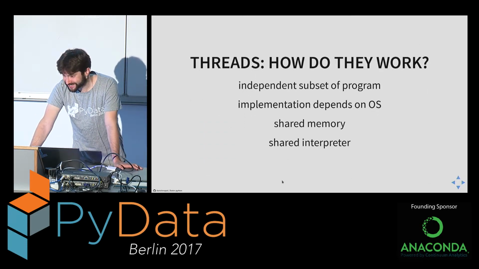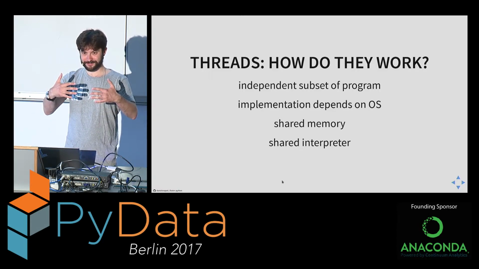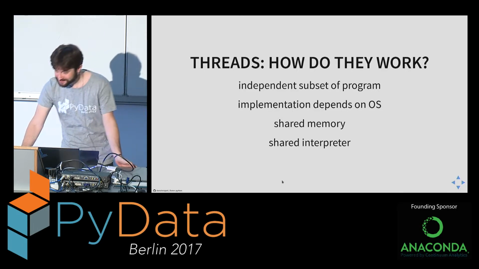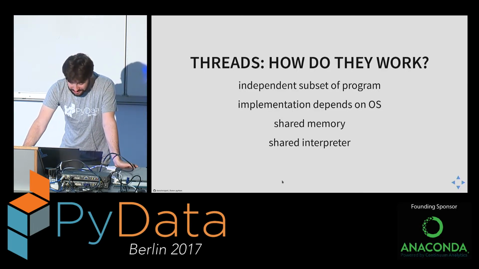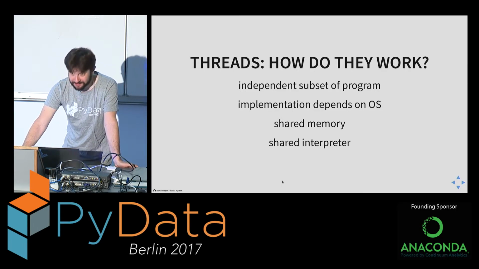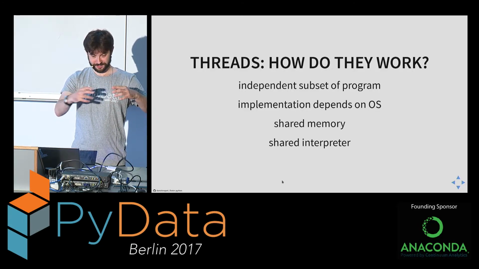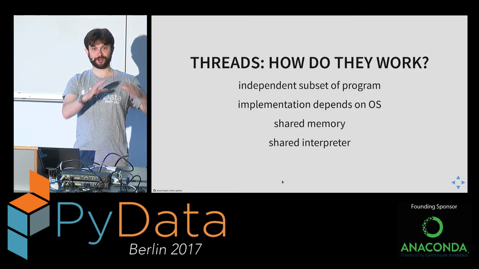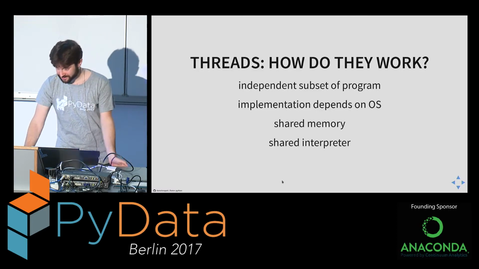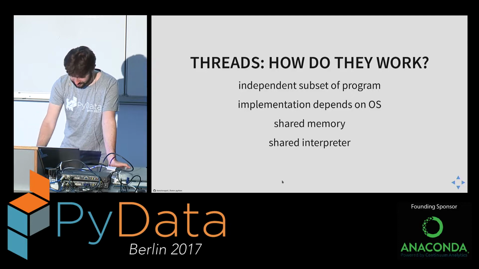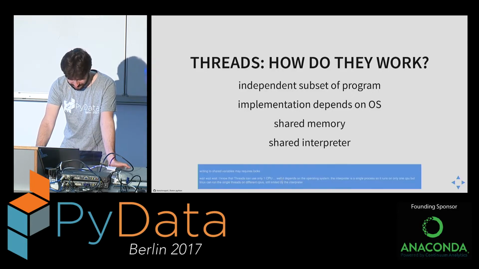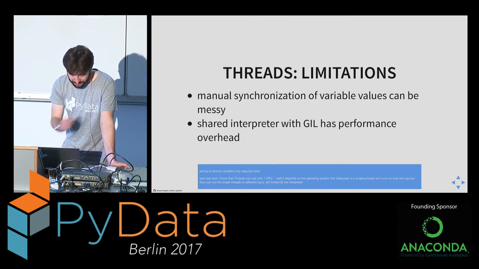How do threads work? They are an independent part of the program. The thread just goes on. The implementation sometimes depends on the operating system. Each thread shares memory with the caller, with the main thread. And they also share an interpreter, the Python interpreter. So you have limitations.